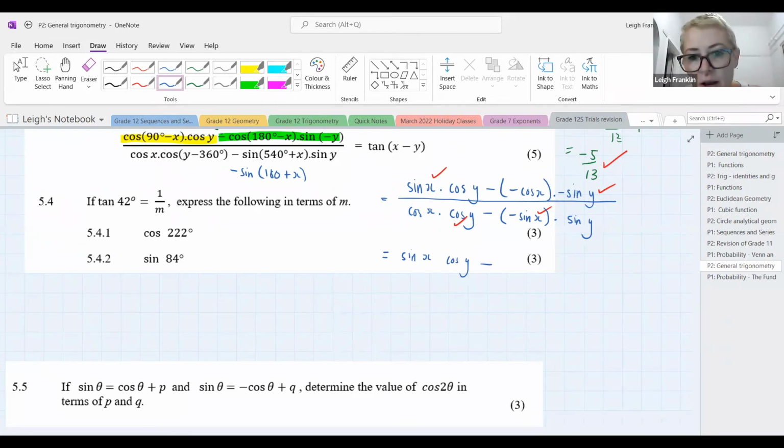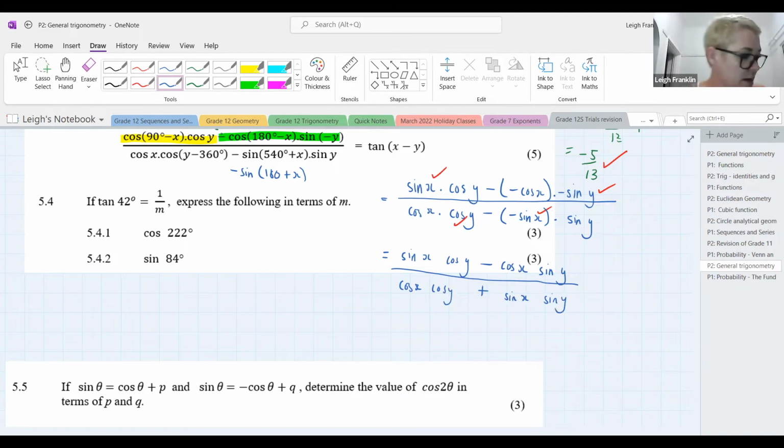And then here we've got cos x sine y. In the denominator, we're going to end up with plus, so we're going to have cos x cos y plus sine x sine y.